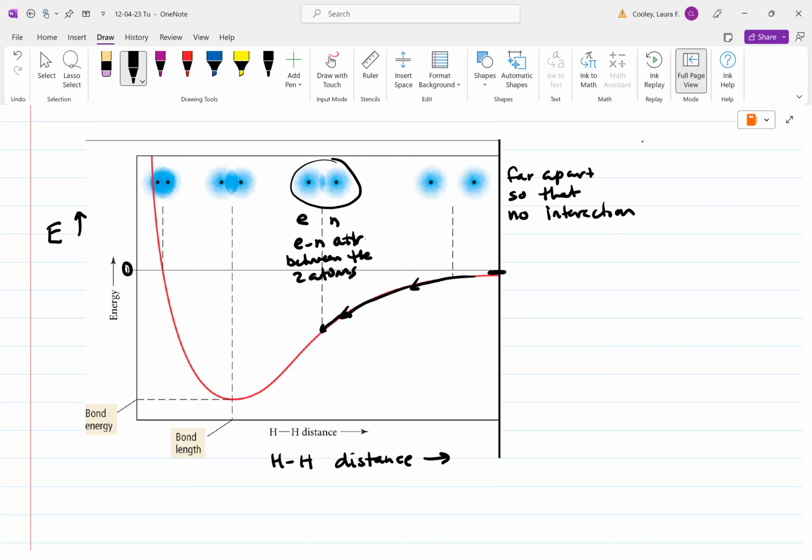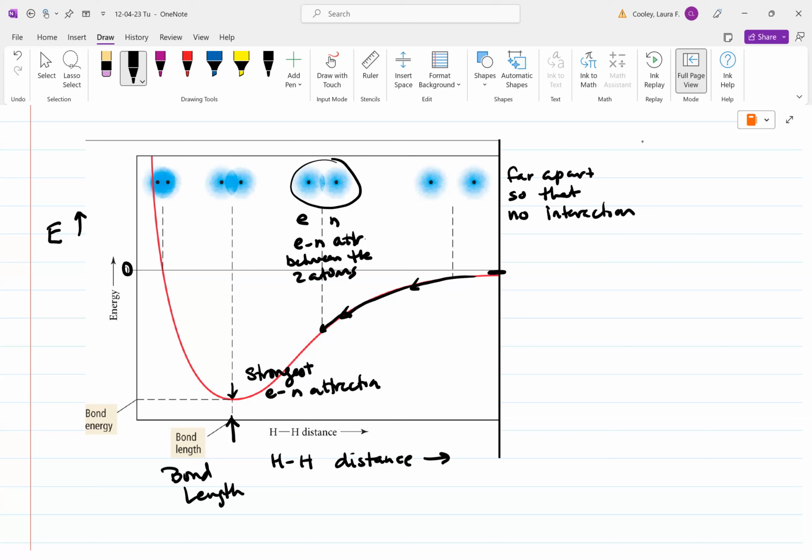At the beginning it's a weak attraction because they're too far apart. As they get closer, you get a stronger electron-nuclear attraction until you hit this minimum point. Here's where you have the strongest electron-nuclear attraction, and at this distance, this is what we call the bond length. Those two atoms are as far apart as they need to be to have the strongest stabilizing interaction.